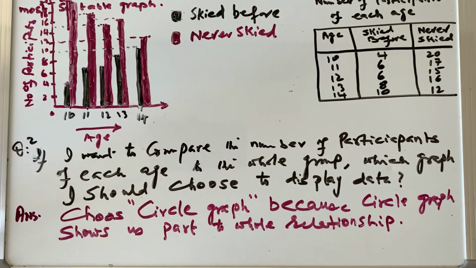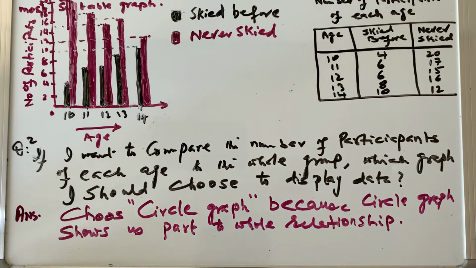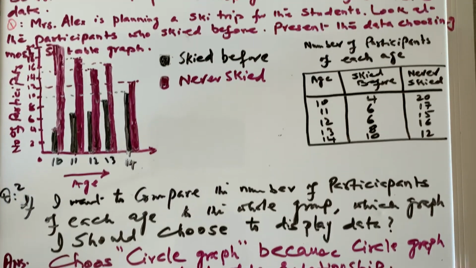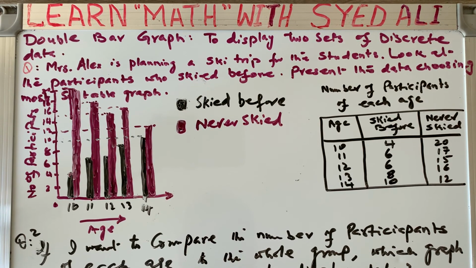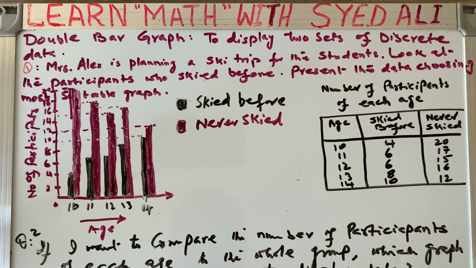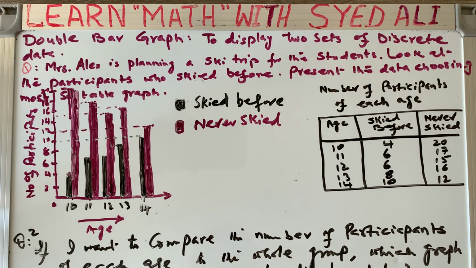So that will be the explanation you will put, right? If you want to compare the two data sets with the whole data, we will be choosing a circle graph. So these are the two examples. In the first question I chose double bar graph, and in the second question I chose circle graph, and we have our reasonings.